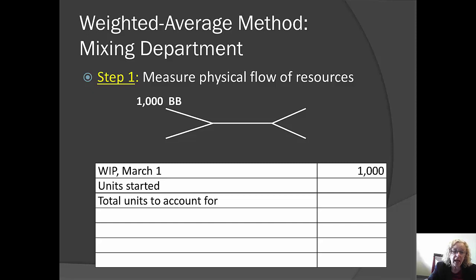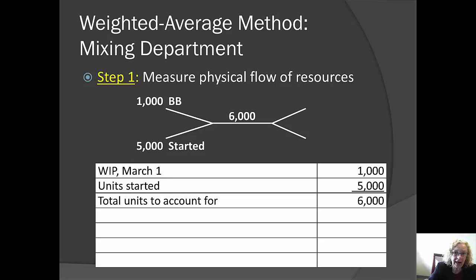We were told that we started out with 1,000 physical units in beginning work in process. Then, during the period, we started another 5,000 units. Altogether, that means that during the period, we worked on 6,000 units.